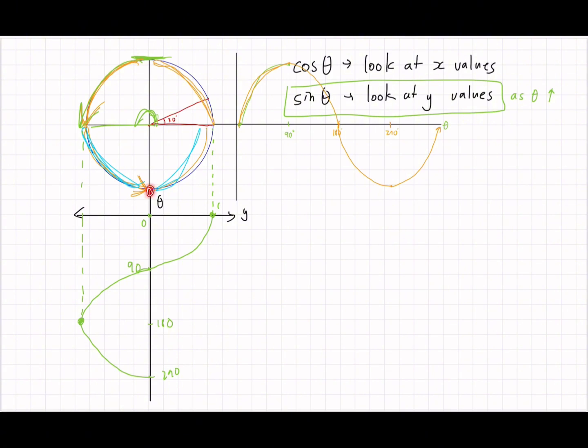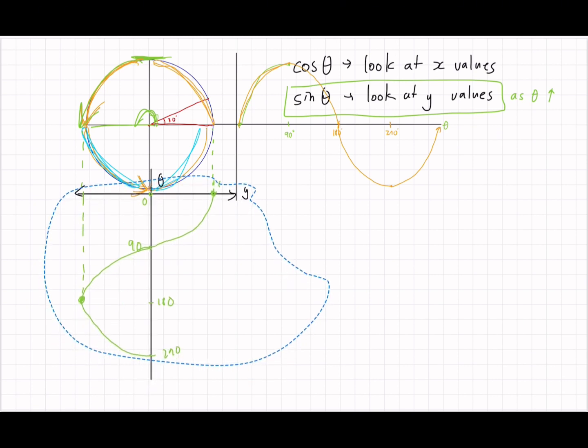And then lastly, from 270 to 360, it's going to be an increase again, right? So here we're looking at the x values. The x value goes from 0, and then increases to 1, right? I don't think I have enough space here, so let's move this up.